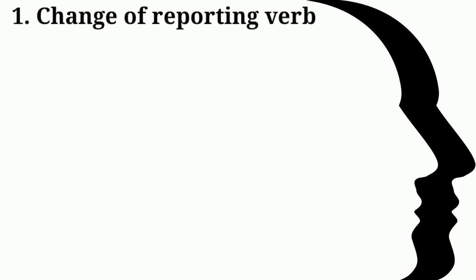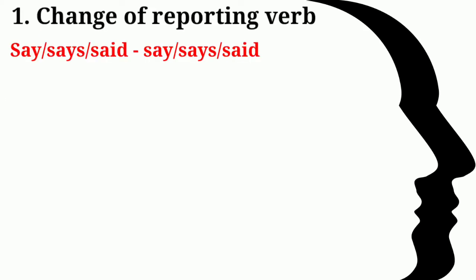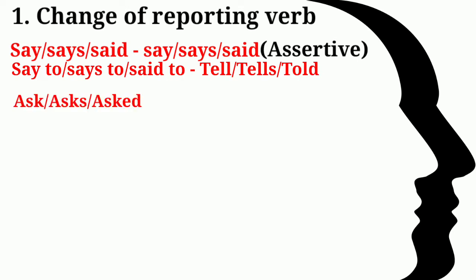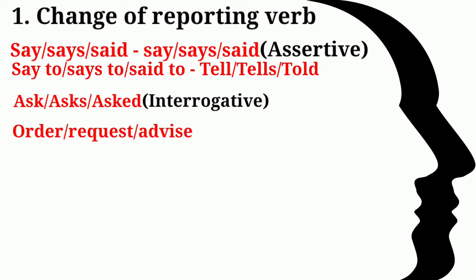Number 1, change of reporting verb. If there is say, says, said, it will be the same. If there is say to, says to, or said to, it will be tell, tells, or told. This is in case of assertive sentence, when we change narration of assertive sentence. In interrogative sentence, reporting verb will be changed into ask or asked.